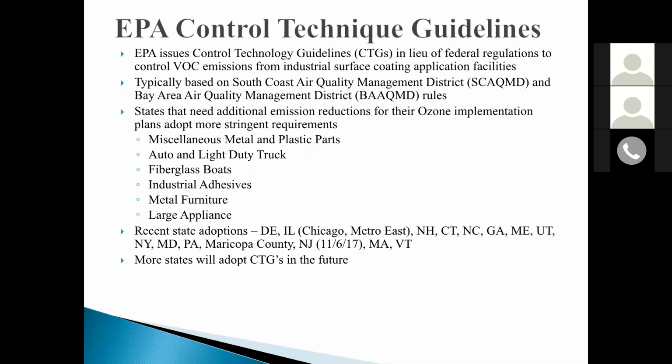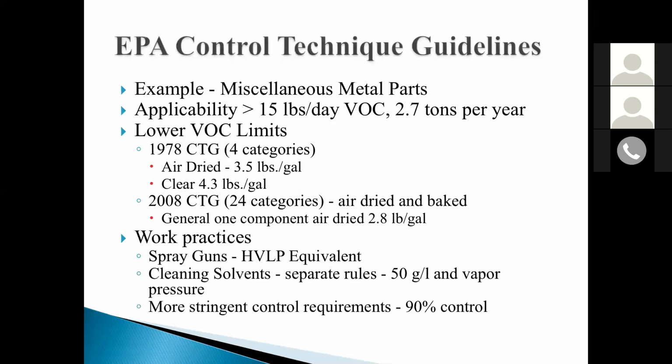Delaware through Vermont. Many of these states have already updated their VOC standards, and so that 3.5 air dried was just a general category. There's now 24 categories, both air dried and baked. The air dried is going down to 2.8 pounds per gallon for a general one component, for example. So many of those older limits have gone down in those states that I mentioned.